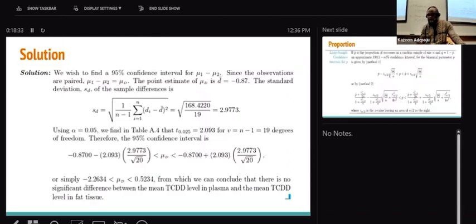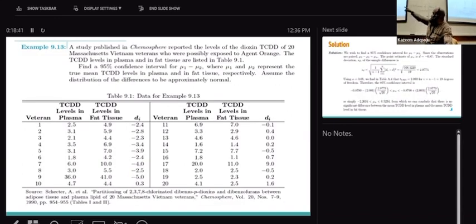In doing that, there are two statistical measures that we need to first compute. From the D_i, we need the mean and we need the standard deviation. Does that make sense?